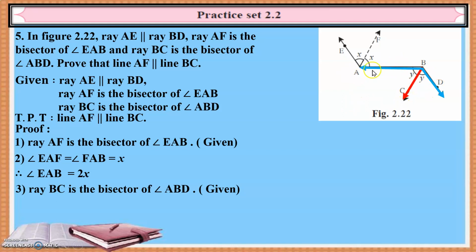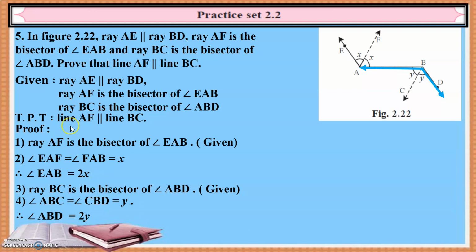Now if this is a bisector, we know that these two angles, that is angle ABC, will be equal to angle CBD, and we will assume them to be Y. So let's write it. Angle ABC equal to angle CBD equal to Y. So if each of them is Y, the bigger angle, the blue angle, that is angle ABD, will be equal to 2Y. Okay, hope this part is clear.